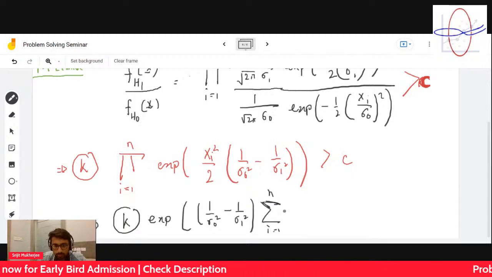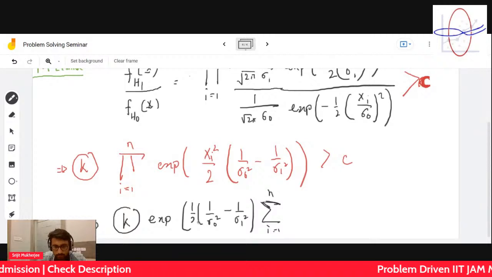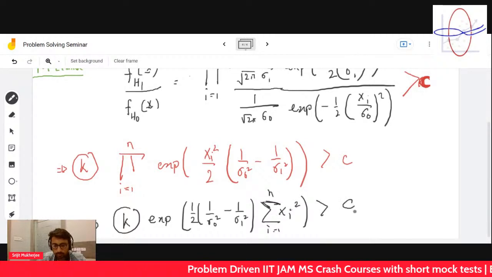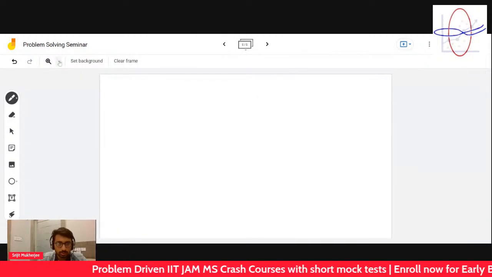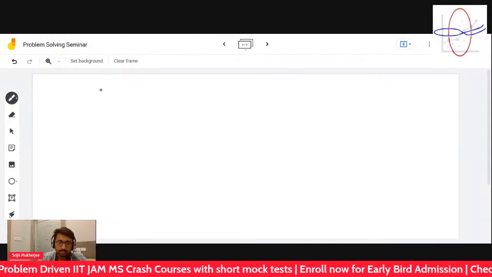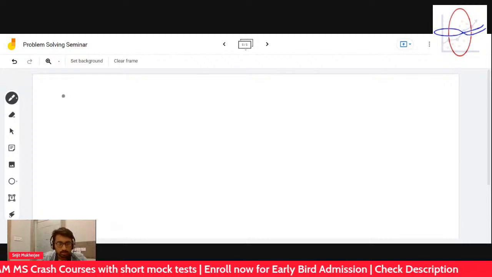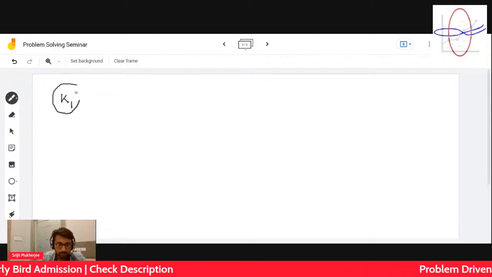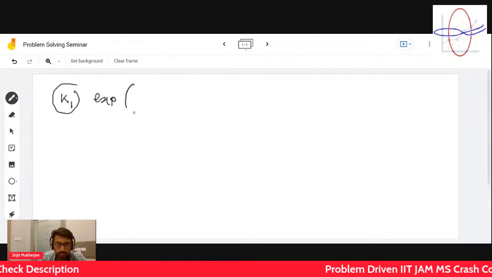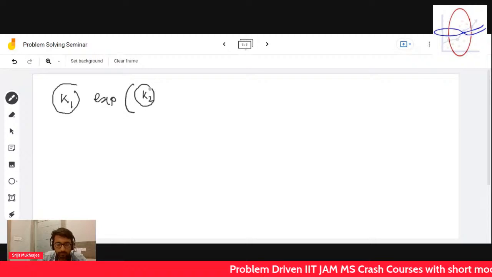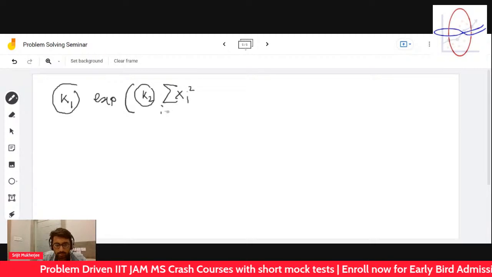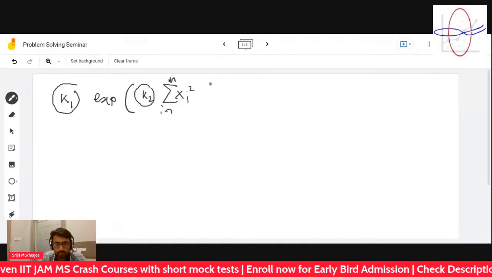Summation i from 1 to n, there's a half over here, xi squared greater than c. So we have two constants. Let's call them k1, times exponential of k2, times summation xi square, i from 1 to n, greater than c.